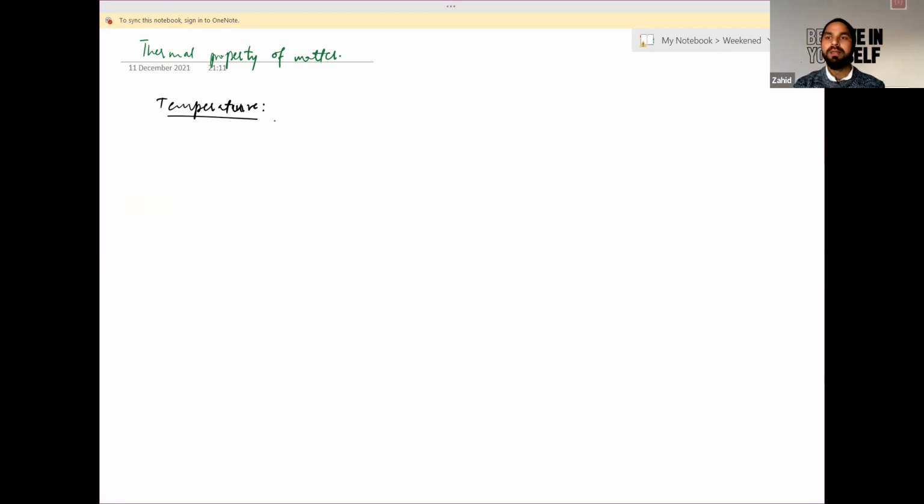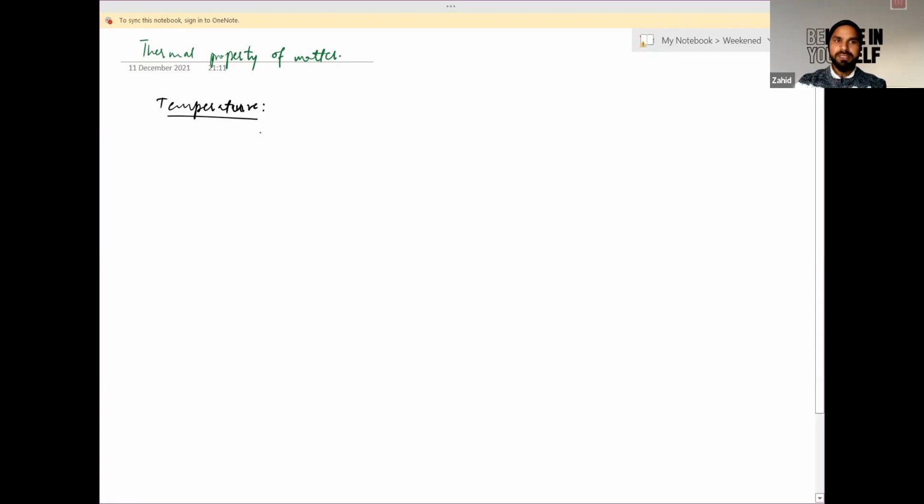Or you can say we define the hotness or coldness of that body with respect to our body temperature. So temperature is basically a relative term which is defined with respect to some fixed quantity.